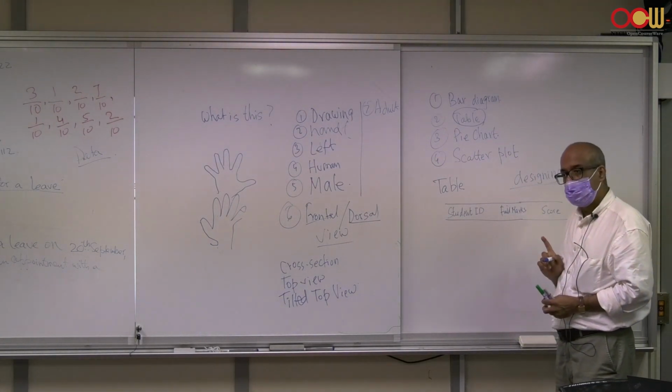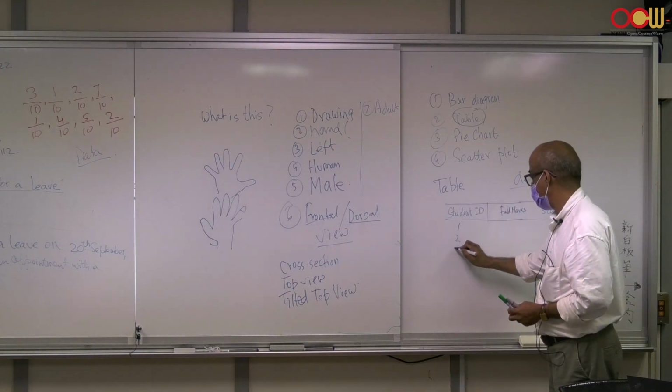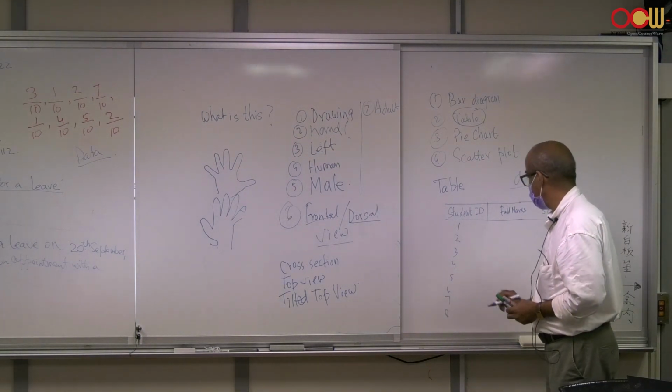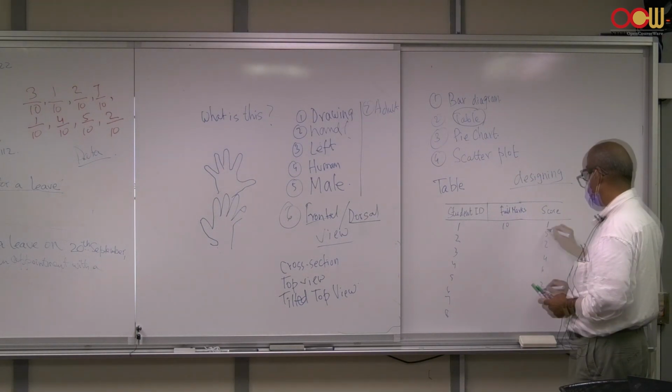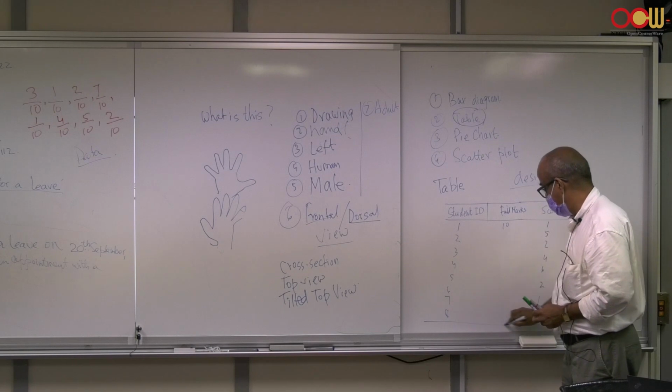I can do both. So here is student ID 1, 2, 3, 4, 5, 6, 7, 8. Full marks is 10. And the scores are something like this. And then I end the table.